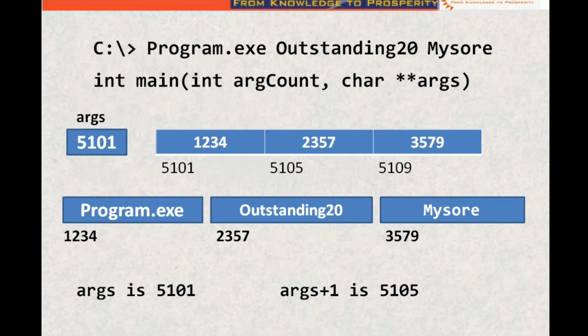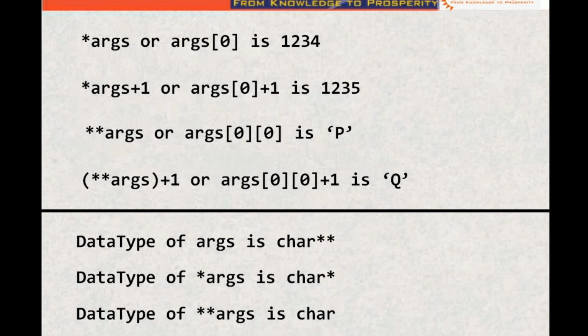Now, when you say args plus 1, what we are saying is move to the next address. That is, move to the next address of type char star star, which is present in the address 5101. Note that we are running this on Windows where the size of a pointer is 4 bytes.